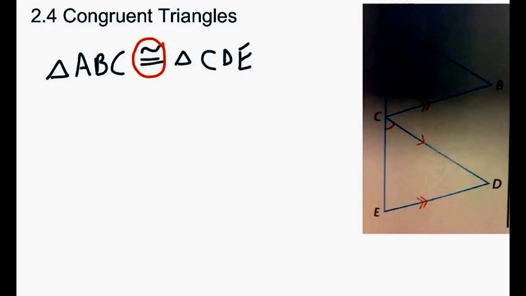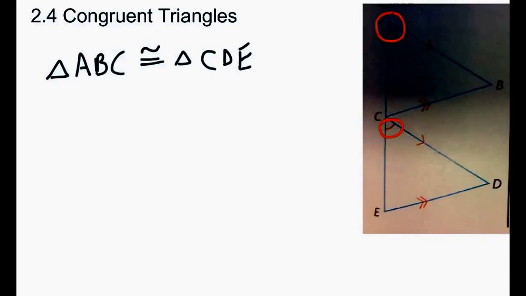In this case, the way we would say this is that triangle ABC is congruent to triangle CDE. You have to be careful with the order. Here we have angle A at the top, with that little dash for the angle, and that's the exact same as the angle where C is on the second triangle.